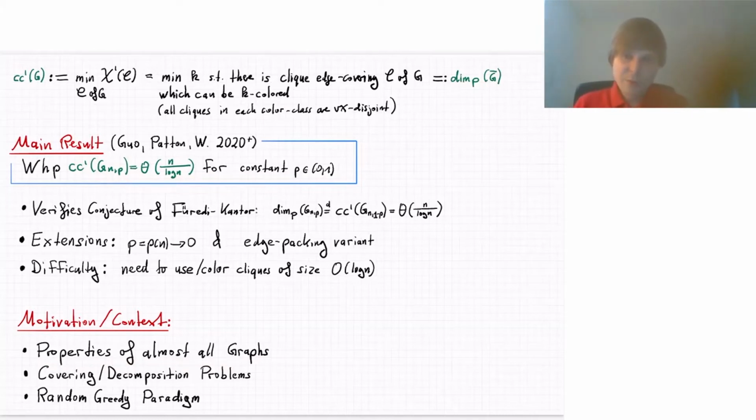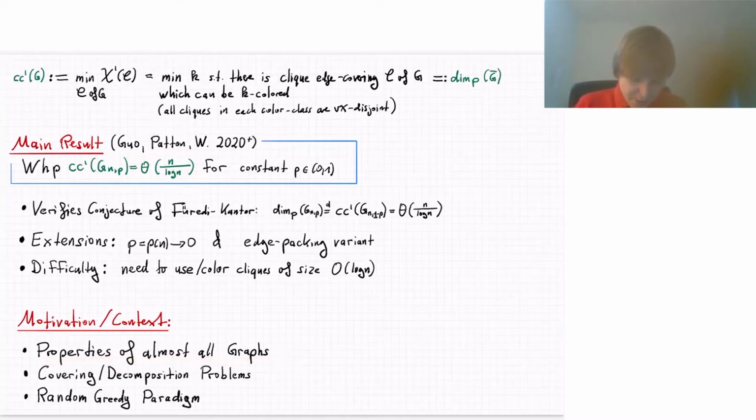So if you can prove that with high probability the parameter you're interested in is of a certain order for G(n,1/2), what you have actually shown is that almost all graphs satisfy this property. In particular, we know that almost all graphs have Prague dimension n over log n, which is significantly smaller than the worst-case bound you can get, which would be of order n. Okay, so this is the random graphs perspective.